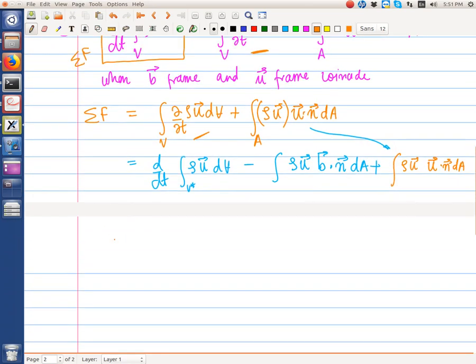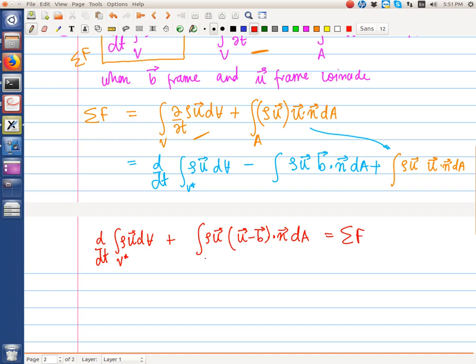So ultimately we can write d/dt of the integral of rho u dV over the volume moving with the velocity u_b plus the integral of rho u (u minus u_b) dot n dA is equal to the summation of all forces.